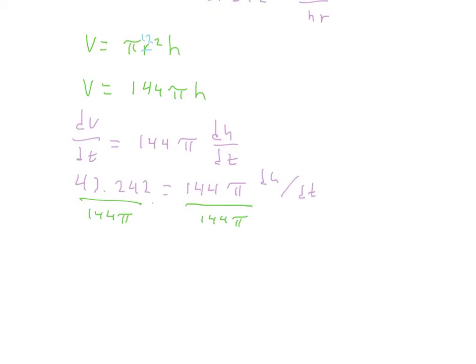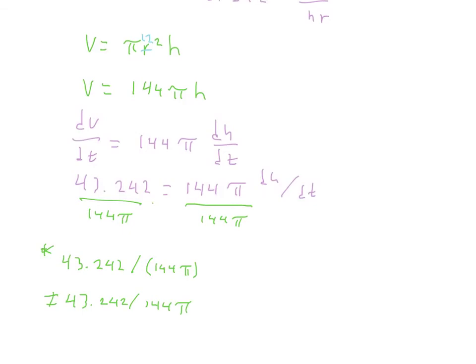Here's just a little calculator note. When I do this in my calculator, 43.242 divided by, I want to put parentheses around 144 pi, because I'm dividing by that quantity. I don't want to just write 43.242 divided by 144 pi, because it's going to take 43.242, divide it by 144, and then multiply by pi, which isn't what we want.